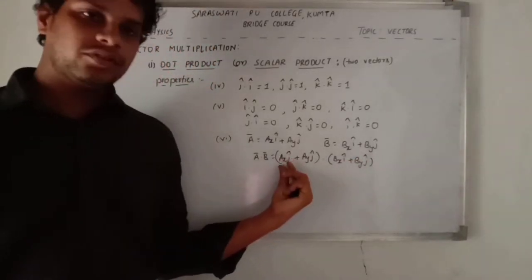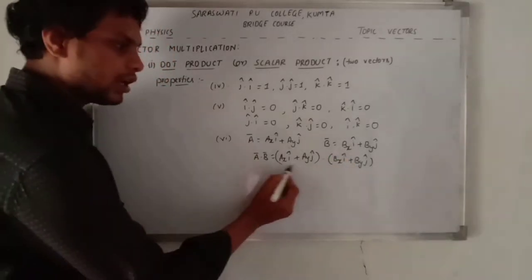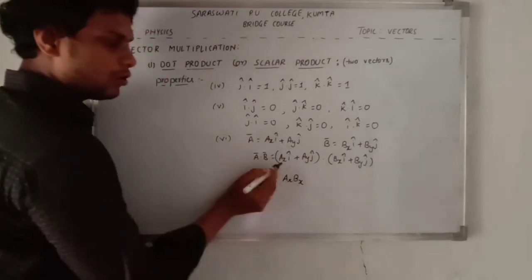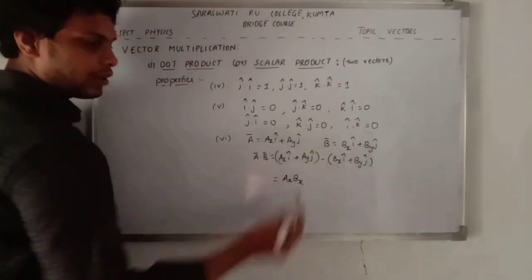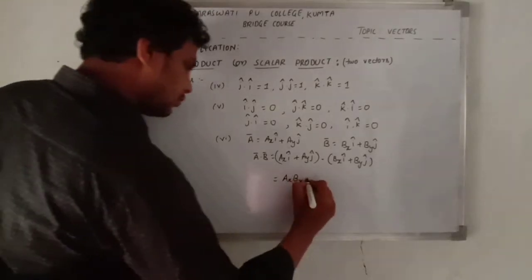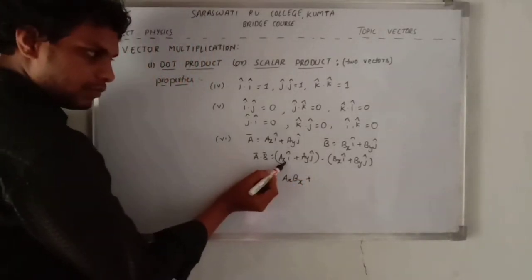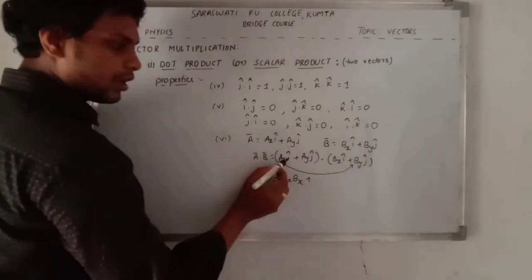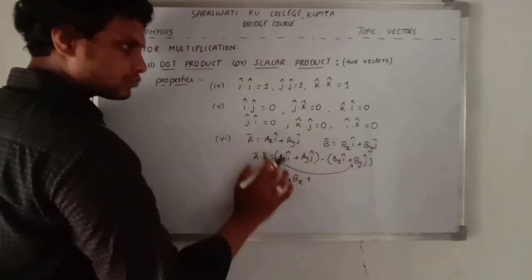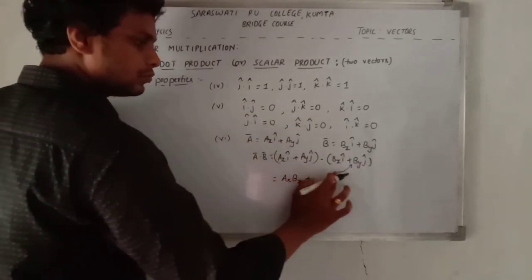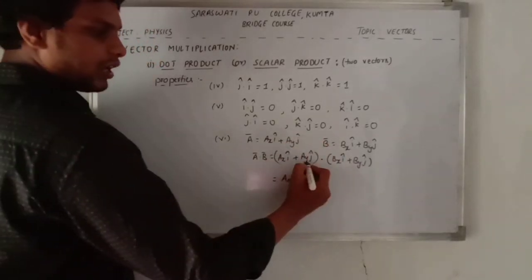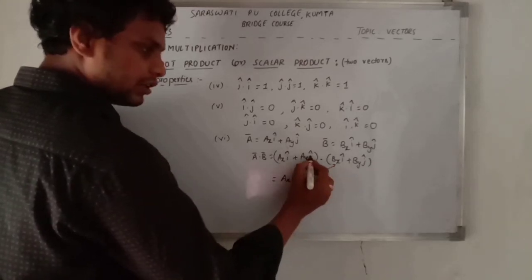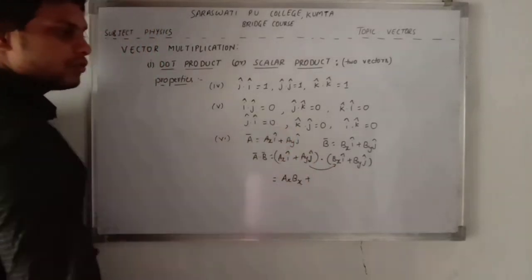First, the first term multiplied with the first term gives ax bx, since i cap dot i cap is 1, so this term will exist. Next, the first term multiplied with the second term gives ax by, but here i dot j is equal to 0, so that term will be 0. Now take ay and multiply with bx: ay bx, this is j dot i, so j dot i is equal to 0.